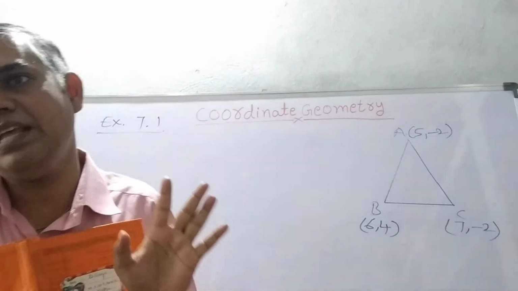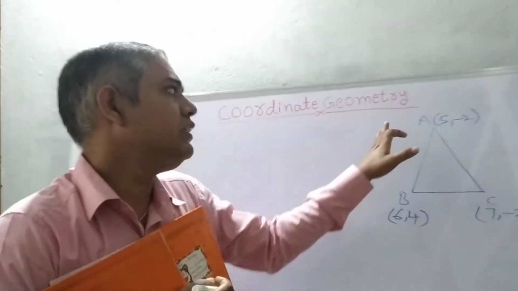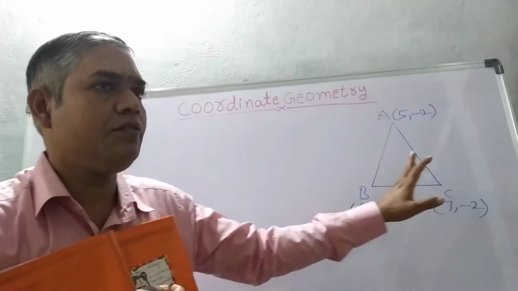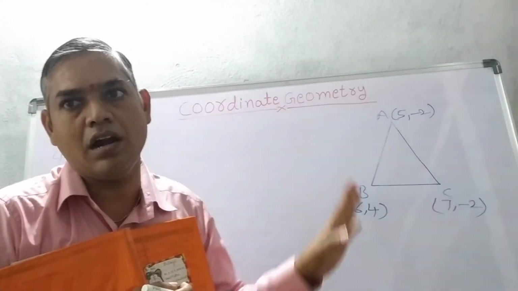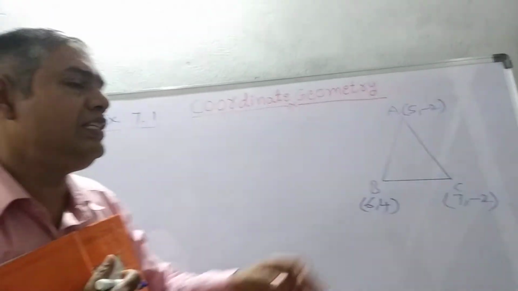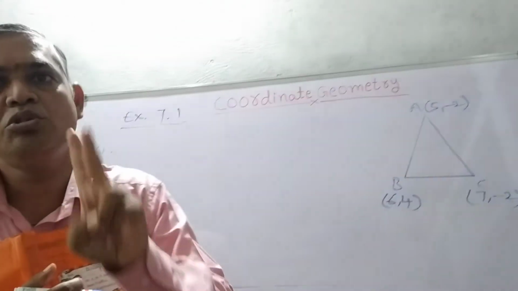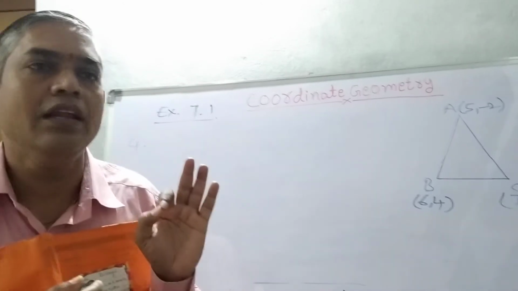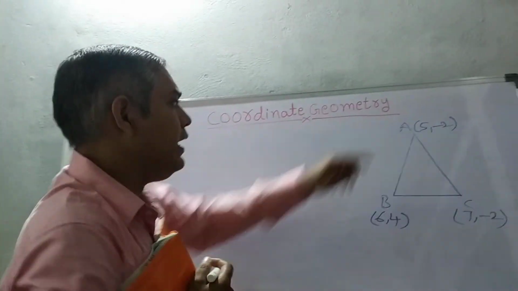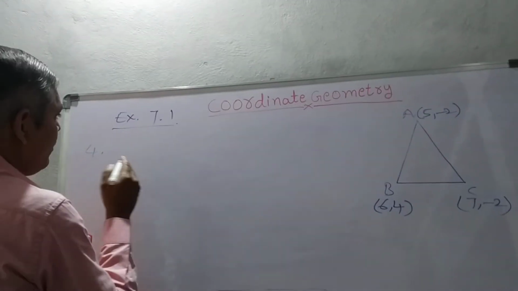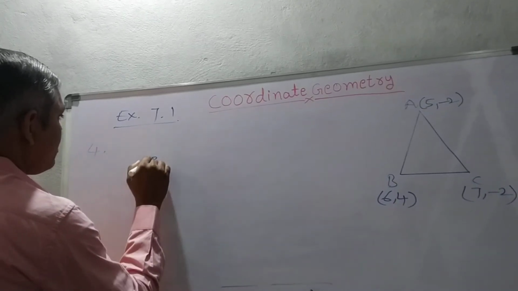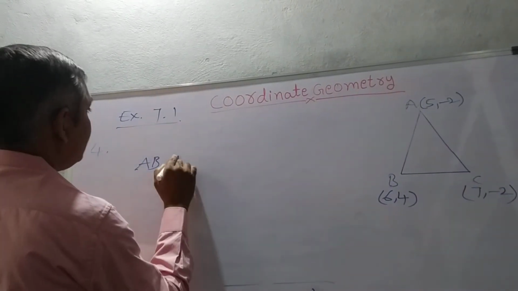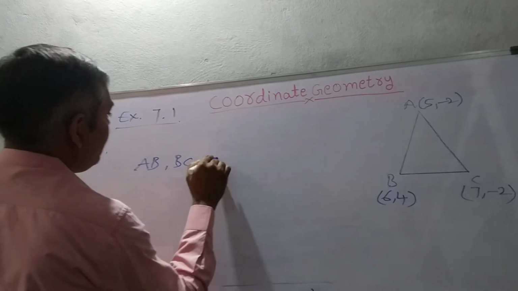To prove the 3 vertices belong to an isosceles triangle or not, we have to prove that any 2 sides are equal. The type of triangle with two equal sides is called an isosceles triangle. So we have to find AB, BC, CA.